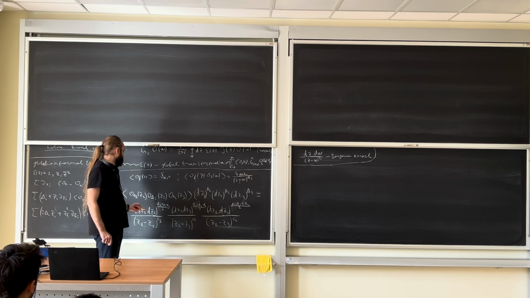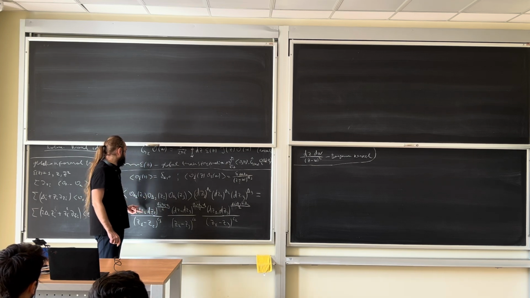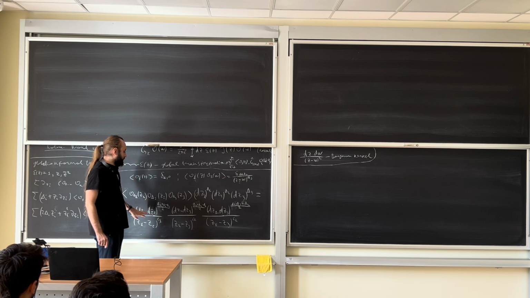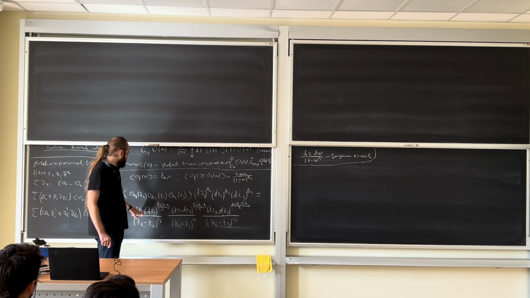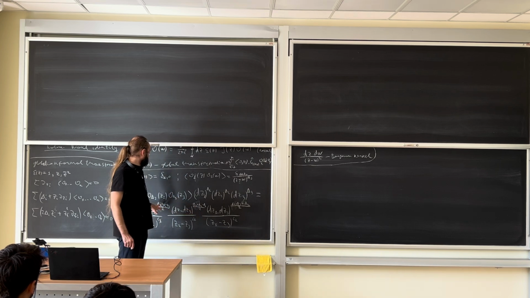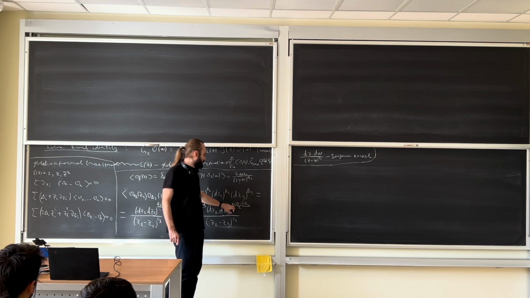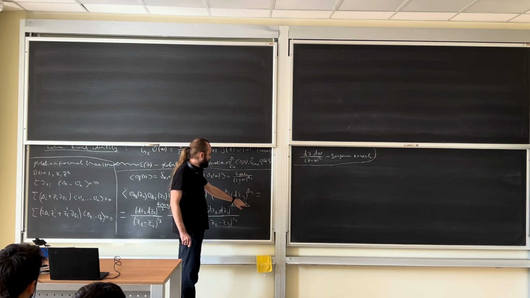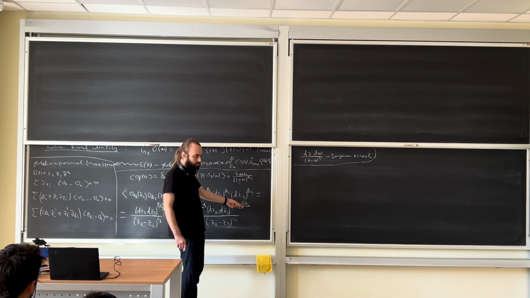Now let us check if it is actually working or not. What is the power of dz1? On this and this: (delta 1 plus delta 2 minus delta 3) over 2 plus (delta 1 plus delta 3 minus delta 2) over 2.